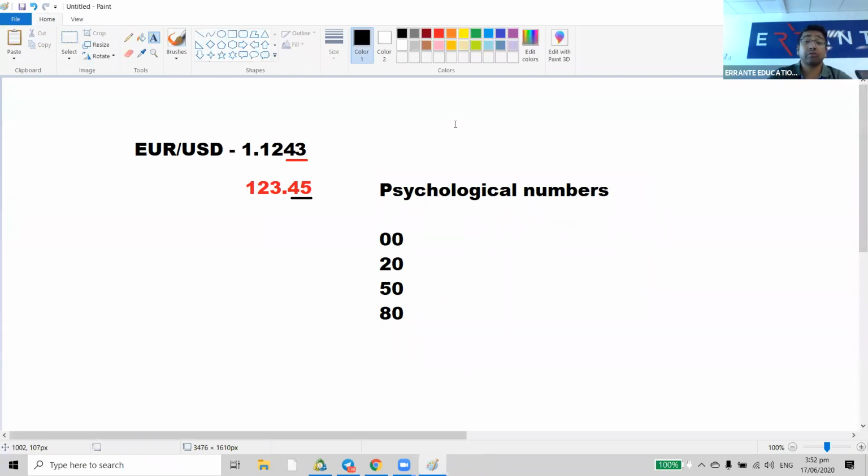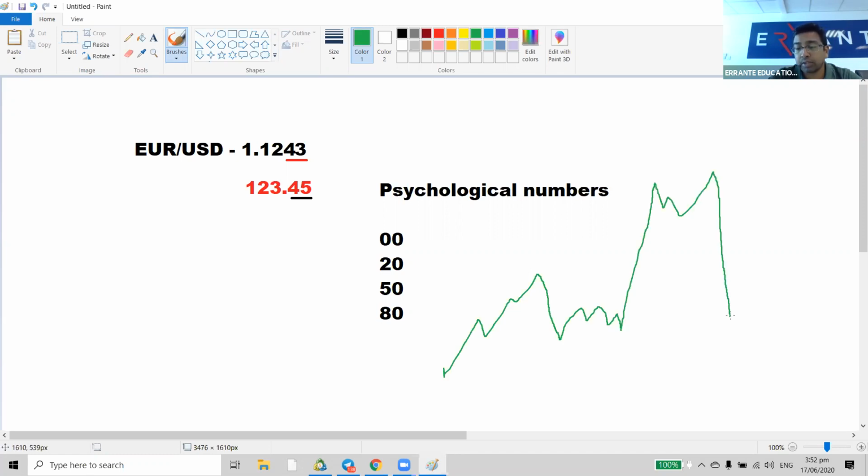These psychological levels tell me that when price moves, I'll just draw. When price moves up, down, up, sideways, up, down, and then a fall, up, down again, and up, all that kind of movement.